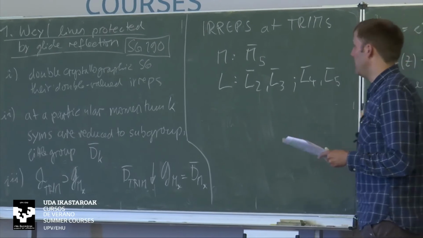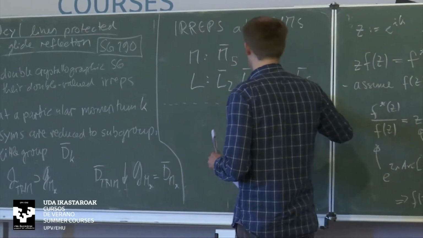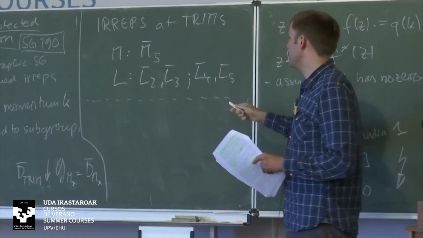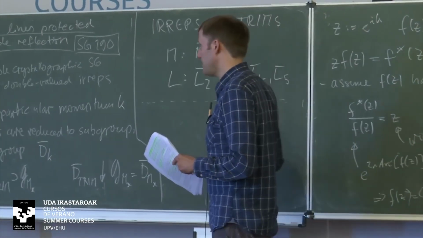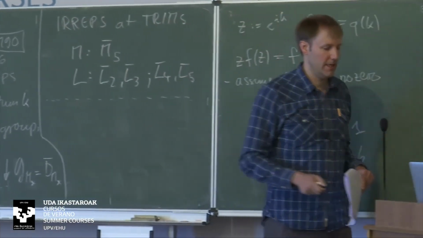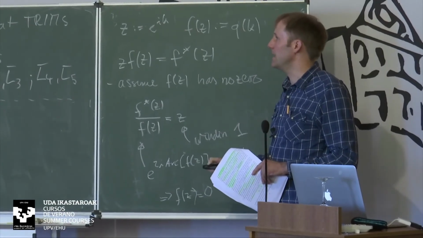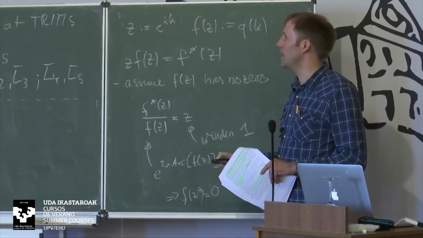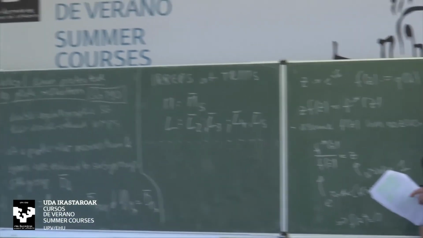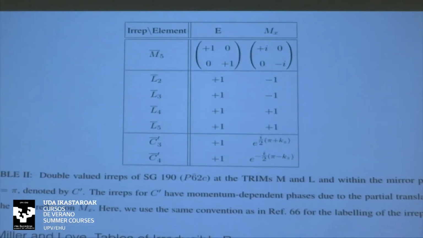And now I have to think about how these irreps split as I go from this time reversal invariant momentum to a general point in the mirror plane. There the irreps are given by this. So I have to ask myself, as I go away from these Kramers pairs, how do these Kramers pairs split up?